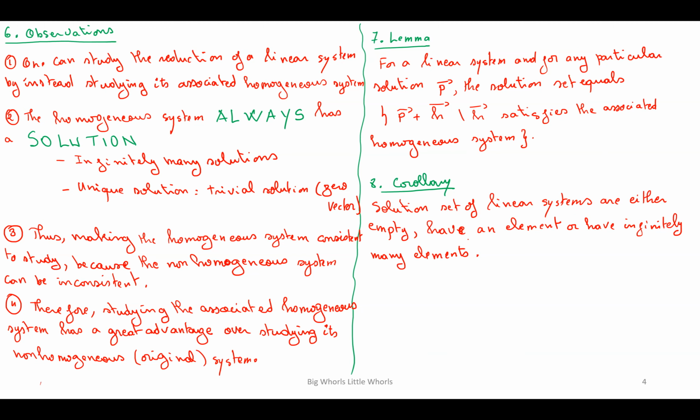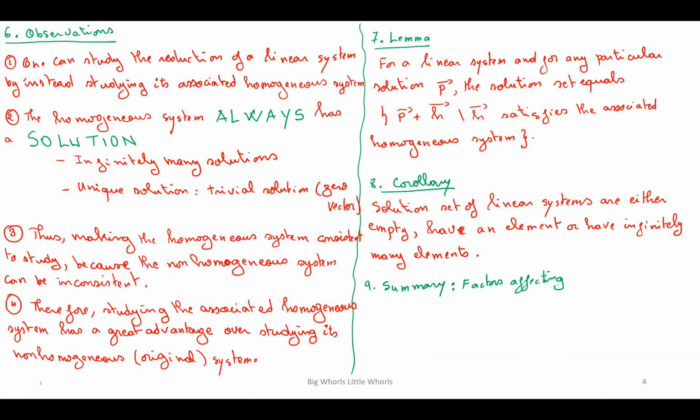Let's finish this section with the following summary of the factors that affecting the size of a general solution. So how would you know if you have a unique solution or infinitely many solutions?